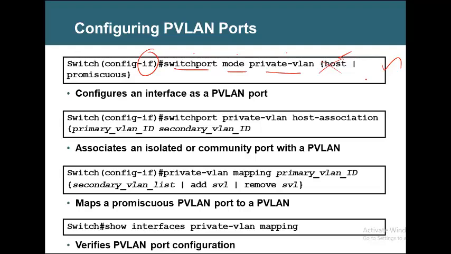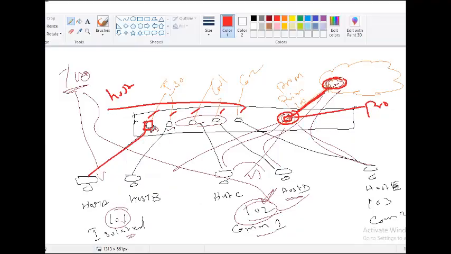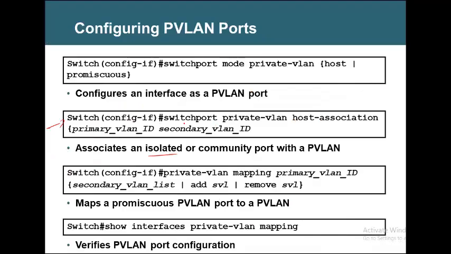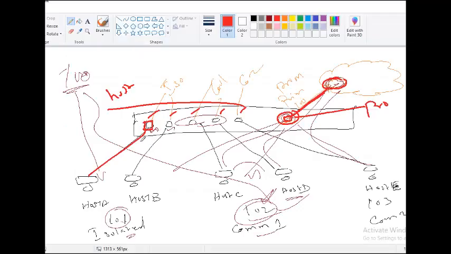After you define that, now you go only to the community ports and the isolate port one by one. You go to these ports one by one and say switchport private VLAN host association 100 and 101. 100 is the primary VLAN. No comma, no nothing. Only give a space and say 101.